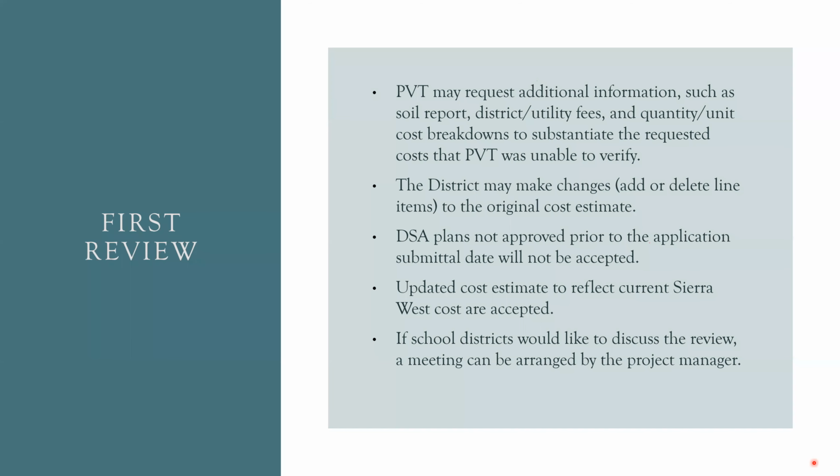For example, if they see that they missed adding certain items, then this is the time to do it. Also, just know the DSA plan not approved part of the application submittal date will not be accepted. This is the time to update your cost. So if you submitted a cost estimate and got a note from us stating that you need to update your cost, this is the time to do it.